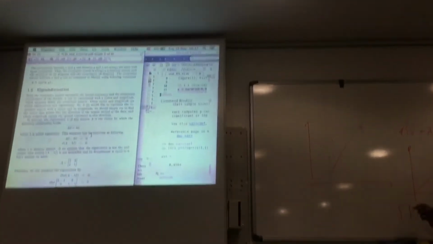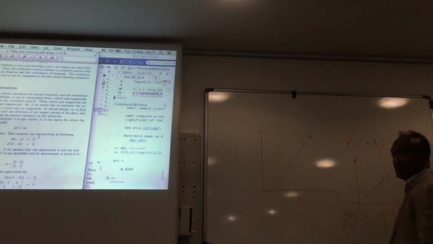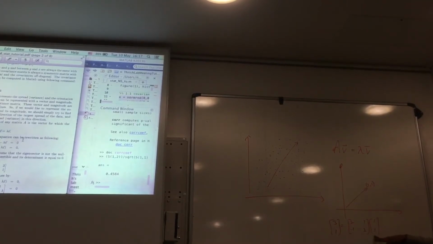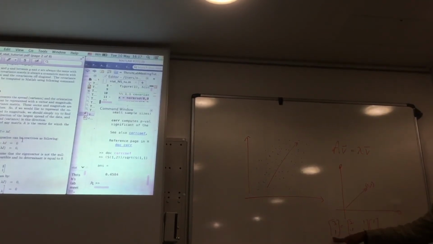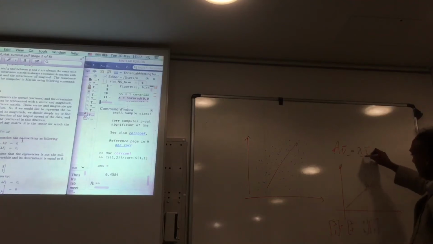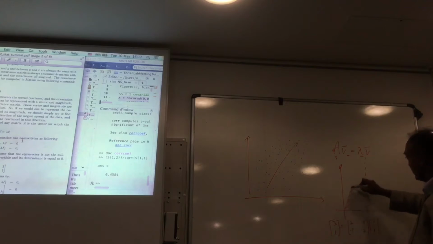So it is 2, this will be 3, and then this will be 1, okay? So when I multiply this matrix by that vector, I get that vector. So if I plot that, it will be 1, and then somewhere there 3, right? Okay. So then that is my resulting vector.